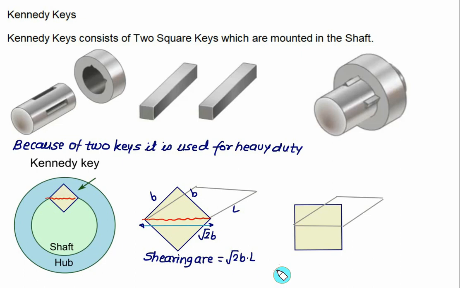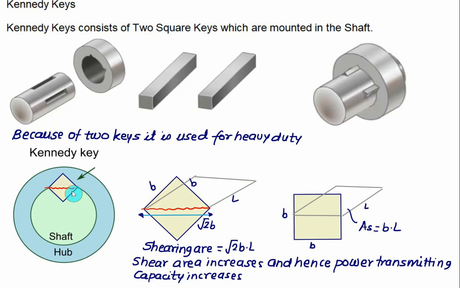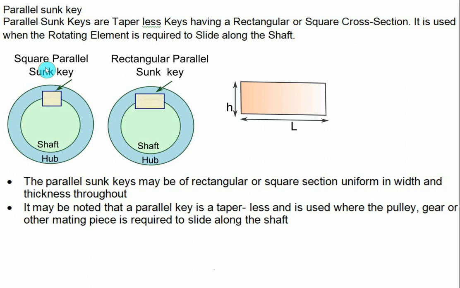And if we use the square key in which the sides are vertical and L represents the width of the hub, this plane represents the shearing area. So this shearing area will be equal to B multiplied by L. So if the side is kept vertical, as in the case of a square parallel sunk key, the area will be of lower value as compared to the Kennedy keys.